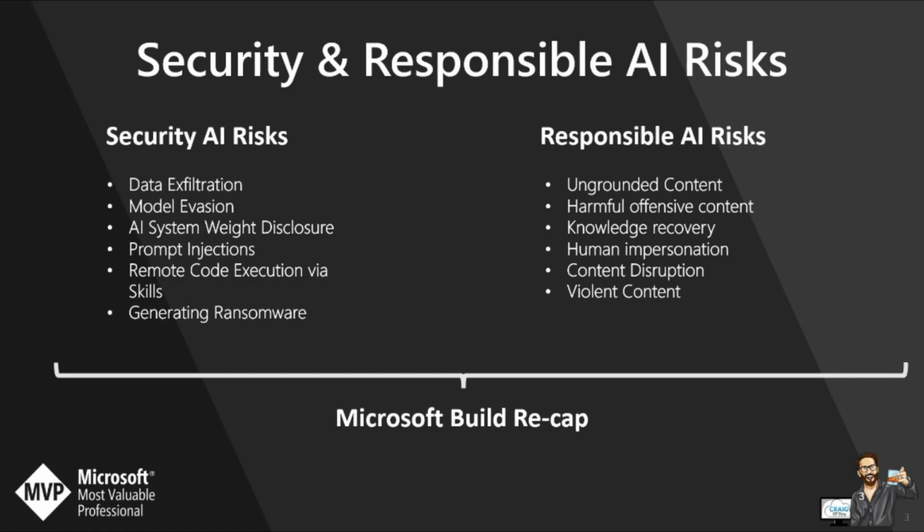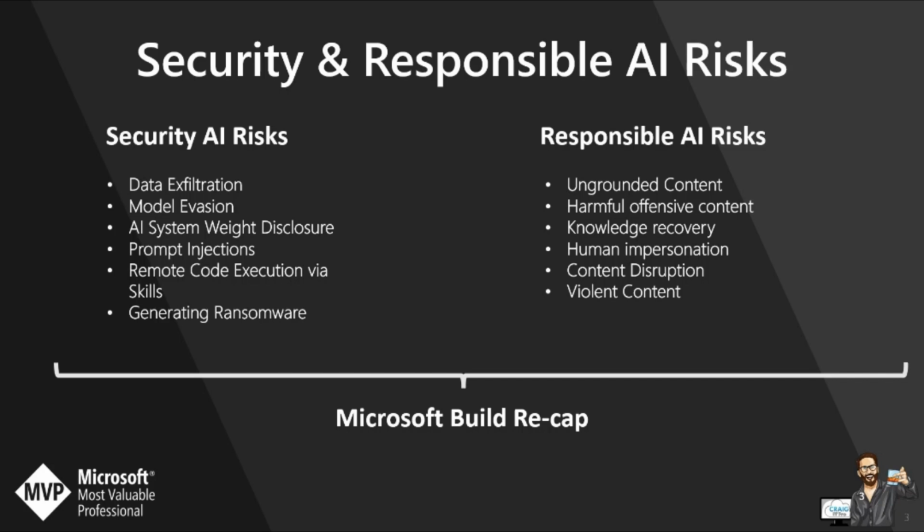And then if we have a look at responsible AI risks, so ungrounded content. This is ensuring that AI generated content is accurate and based on reliable information that prevents the spread of misinformation. Harmful offensive content.